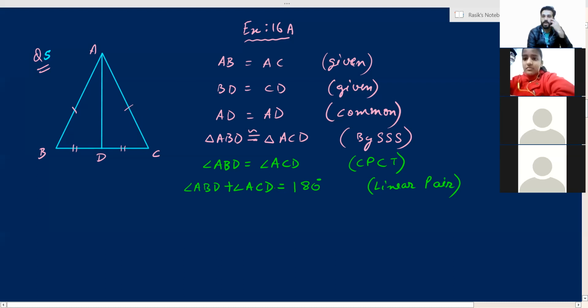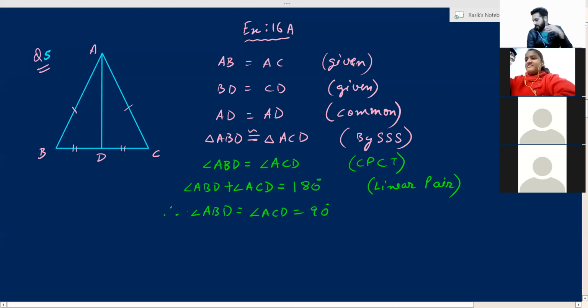Half of 180 is what? 90 degrees. Correct. Therefore we can say that angle ABD is equal to angle ACD is equal to 90 degrees. So the first part is done. We have proved that each of the angles is 90 degrees.